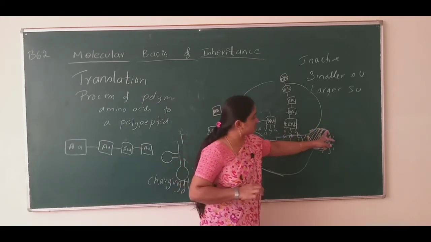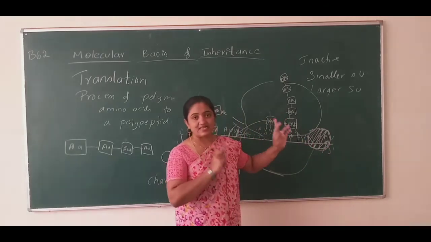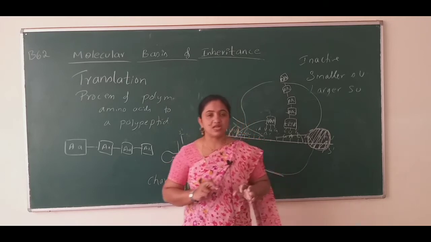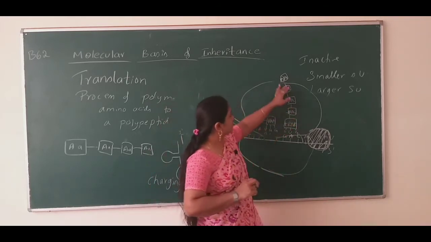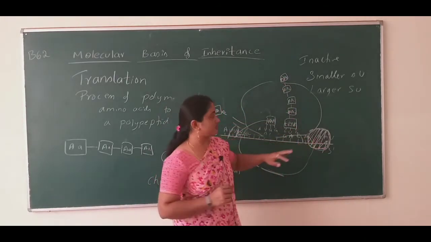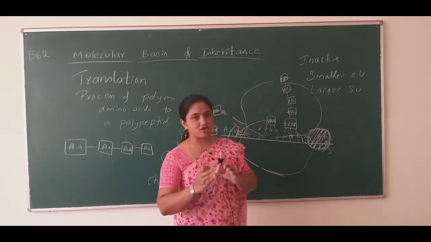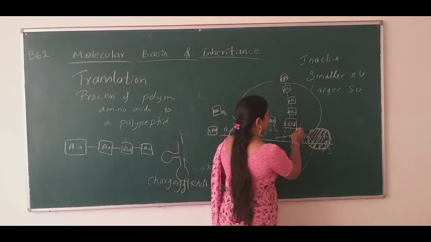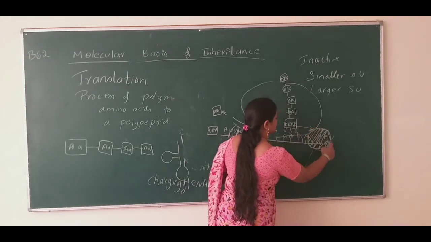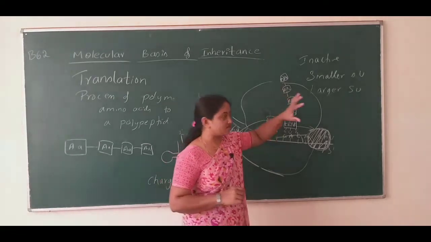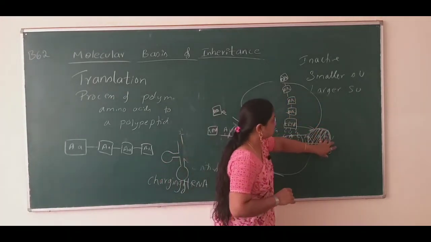Which factor is it? It is a releasing factor. The name itself says what it should do: it should release the chain. When the ribosome moves forward, triplet codon by triplet codon, and reaches this releasing factor, none of the tRNAs present can bind to the UAA.